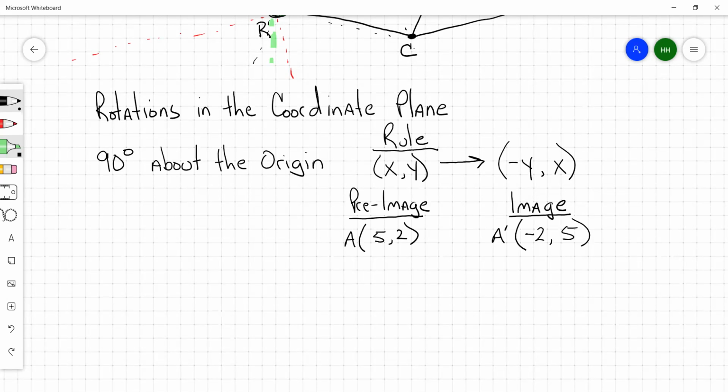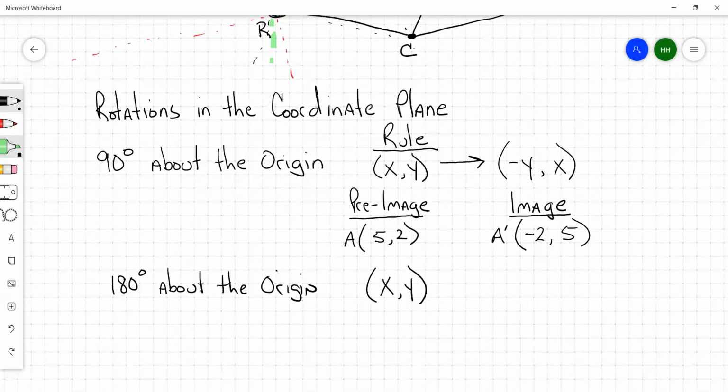Let's go 180 rotation. 180 degrees about the origin. Here's the rule. The rule is for every x, y, after the rotation, your new x will be the opposite of your original x.